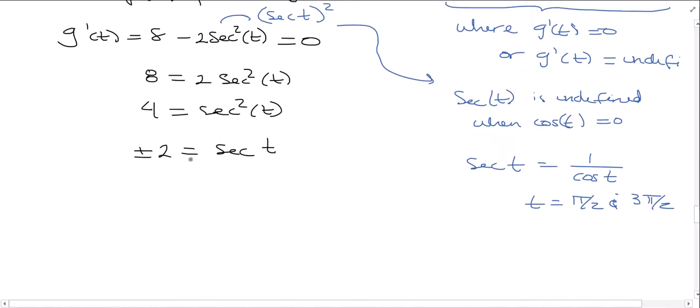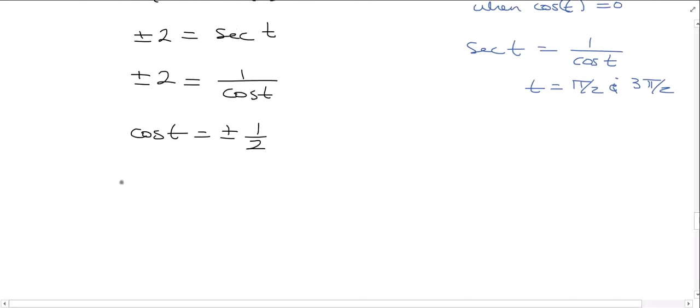So when is secant equal to 2? Another way you can think of it is secant is 1 over cosine. And so you can say, okay, when is cosine of t equal to plus or minus 1/2? And so this gives us our pi over 6's and pi over 3's.